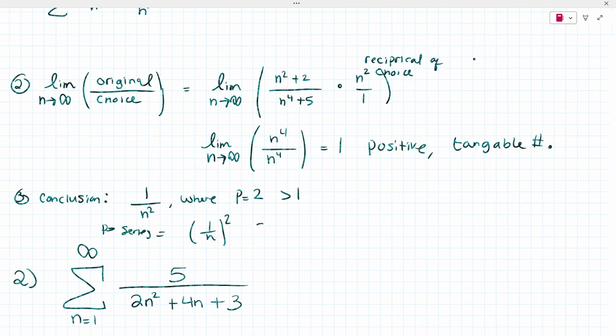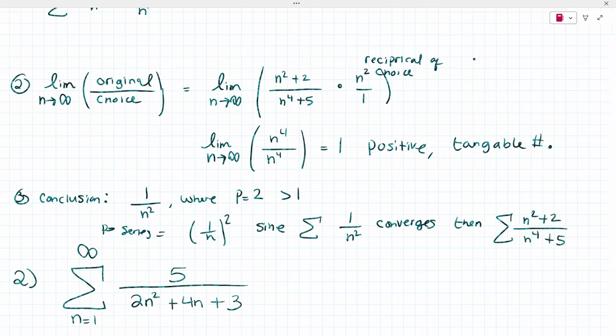Since the summation of 1 over n squared converges, then the summation of (n squared plus 2) over (n fourth plus 5) also converges.